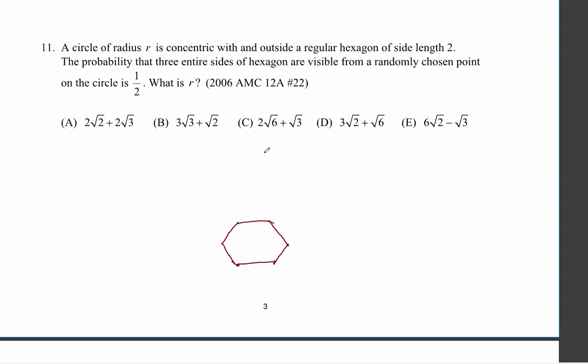So when you have a circle outside over here, when you choose a point, we can see all 3 sides. From here we can see this side, this side, this side. All right. So we're going to find out how big the circle is.